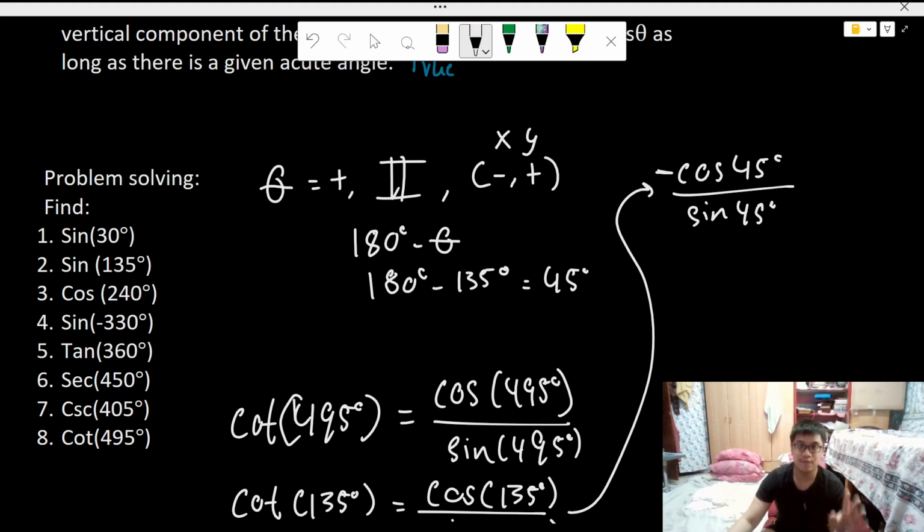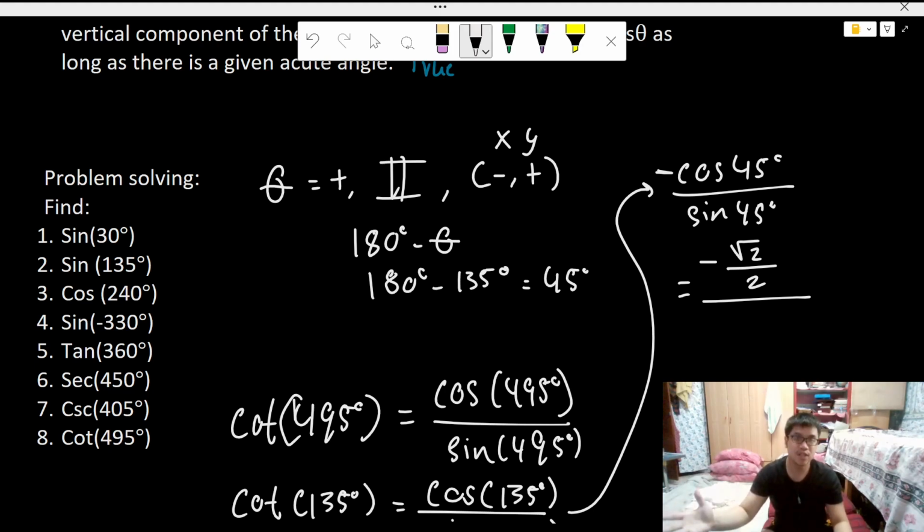Since your y is positive, we will let it be because it's already positive. So negative cosine of 45 degrees. Use your hand: we have 0, 1, 2. This is 45 degrees. You stop right there. So square root of 2, divided by 2, you will have square root of 2 all over 2. So negative square root of 2 all over 2.